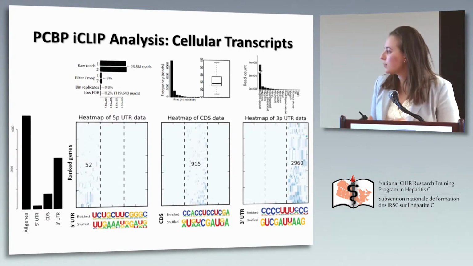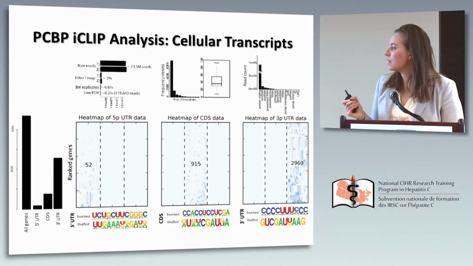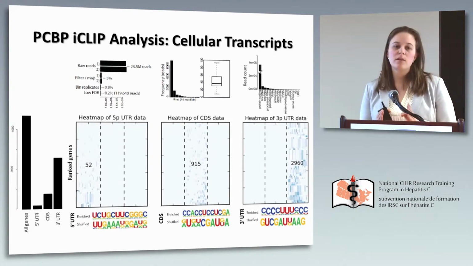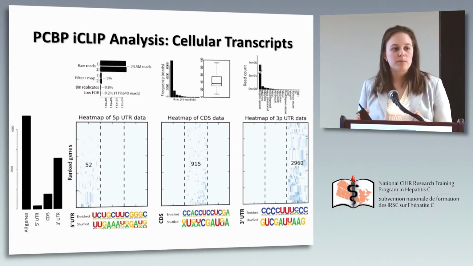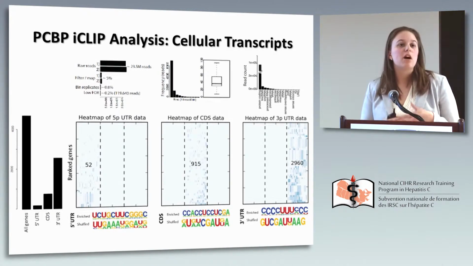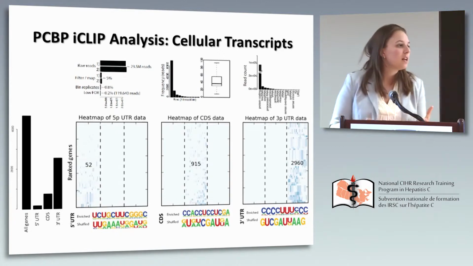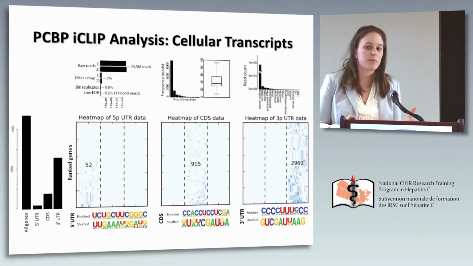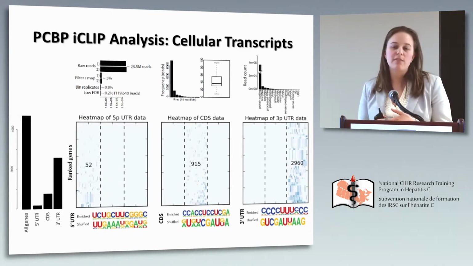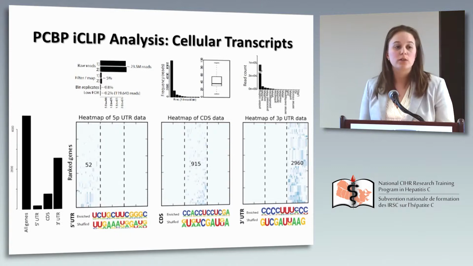Something that jumped out at us is that the sequences in the coding region were in-frame proline residues, so 3 proline residues in frame were enriched. So this might suggest novel roles for PCBP activity when binding in the coding sequence, because it might have something to do with ribosome processing or co-translational folding of proteins.